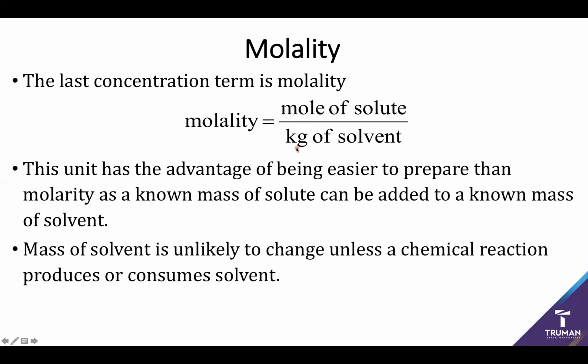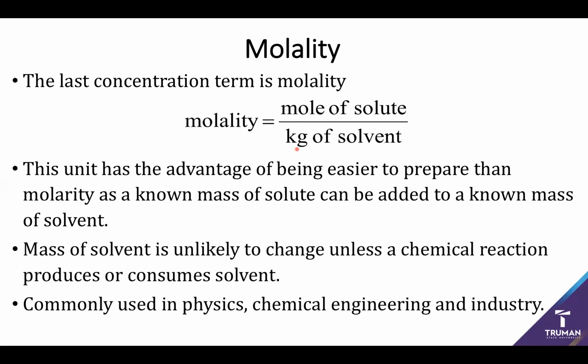And the mass of solvent really isn't going to change in the course of a chemical reaction, unlike the volume of a system. But it is worth noting, this is going to be most commonly used in physics, chemical industry, and engineering. Things where it's very easy to measure masses, and you're not going to be paying as close attention to volumes.